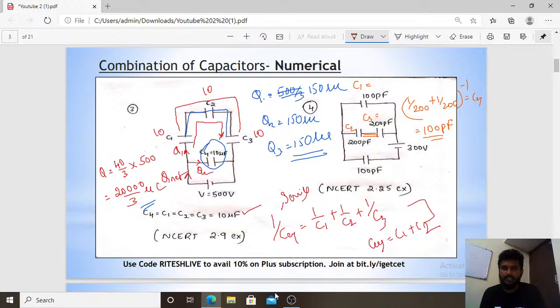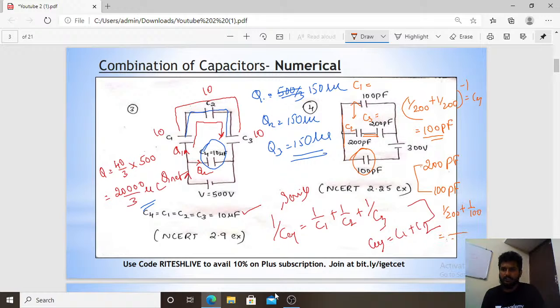100 picofarad. Again, these two are in parallel. When they are in parallel, it is direct plus. So 100 plus 100, that is 200 picofarad. But there is another one which is connected to 100 picofarad, in a single path. Single path means again you need to do 1 by 200 plus 1 by 100.